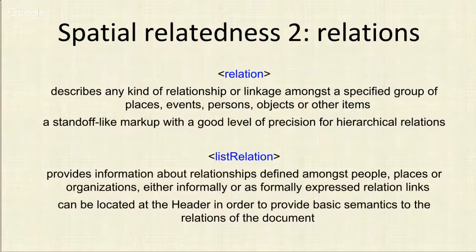And the listRelation essentially provides a list of relationships defined amongst named entities, which can be expressed or not expressed. So one good thing about the element relation is that it allows you to express something that would normally be implicit, which is very, very likely in the description of relationships among places.